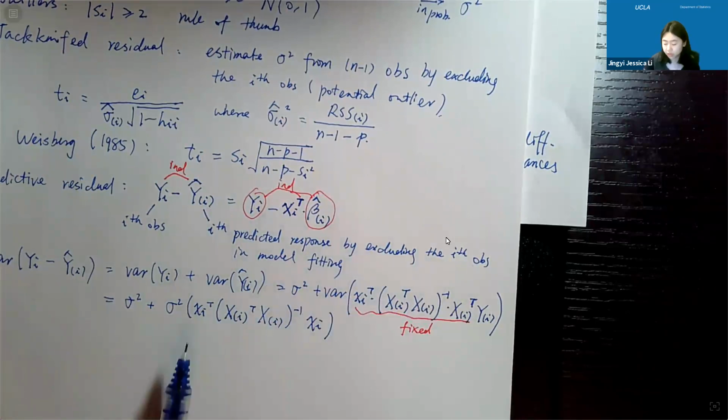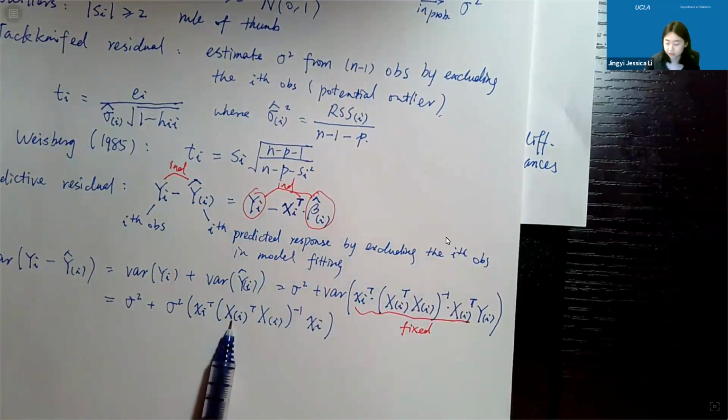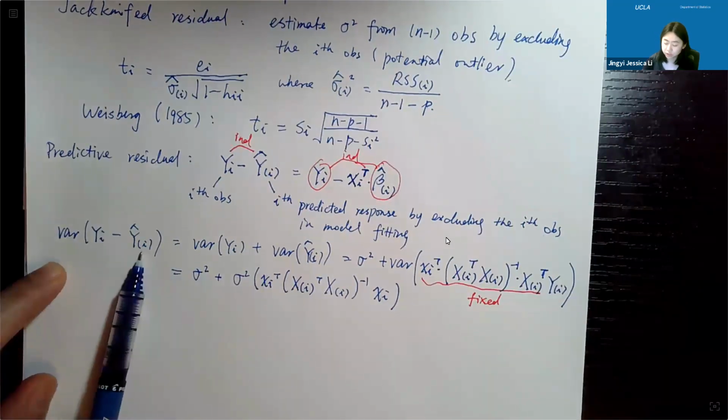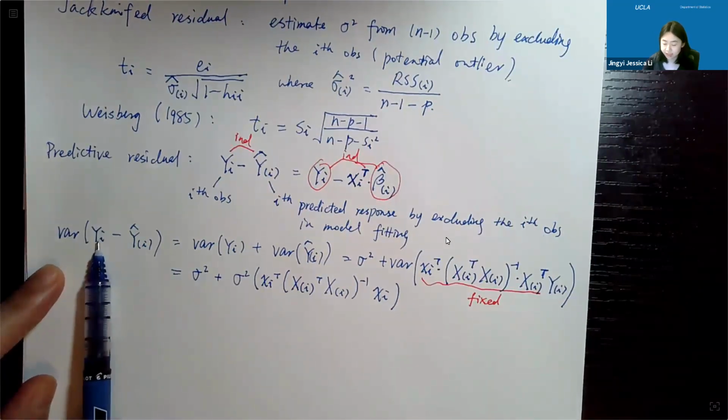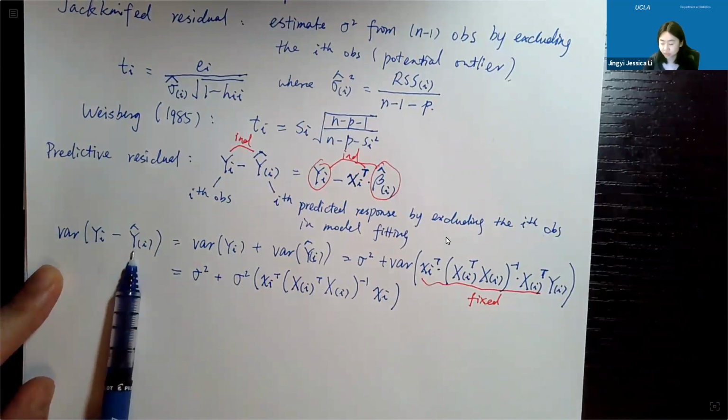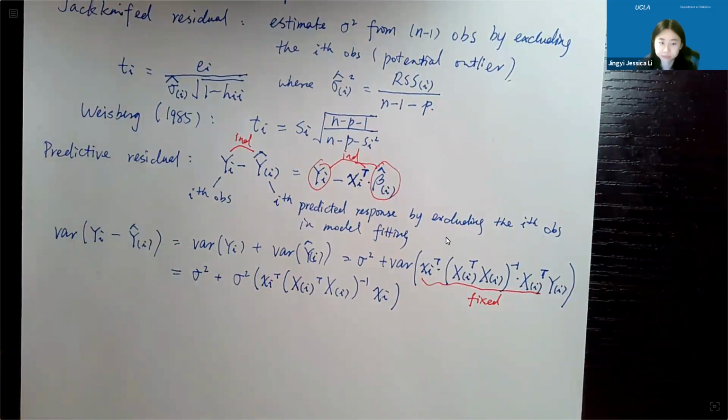Here these two things are the ith row, and this is the design matrix with the ith row deleted. So we will have this formula for this predictive residual, which is the difference between the actual response and the predicted response without using the ith observation.